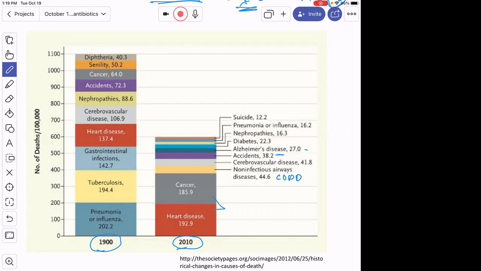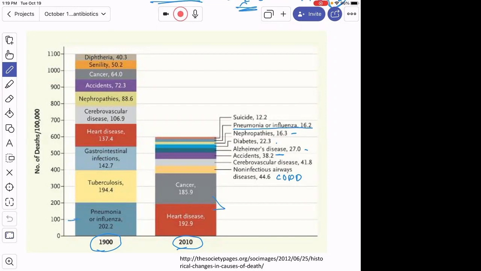We got Alzheimer's on the list, diabetes, nephropathies, so kidney disease. Here's the first time you come into contact with something that's infectious, pretty high on the list there, pneumonia or influenza. Okay, suicide.